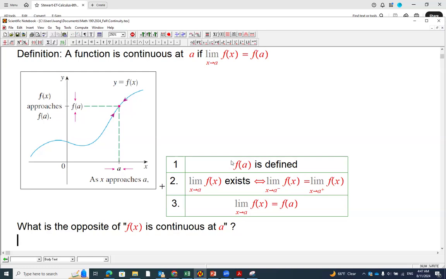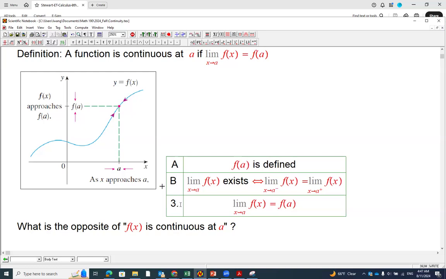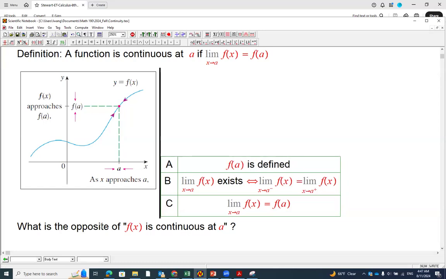If I call the first one A, the second one B, and the third one C, I would like to give you an insight from the logical standpoint.